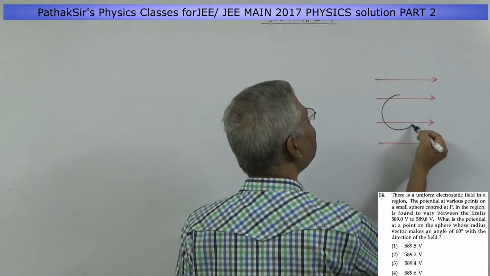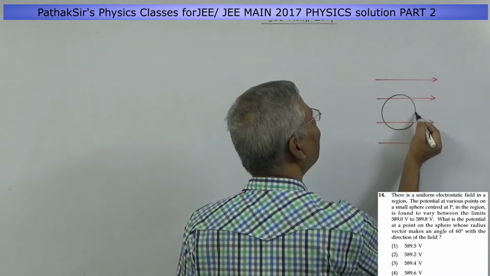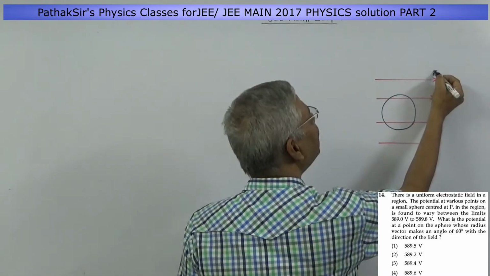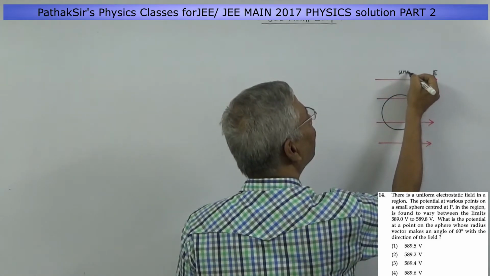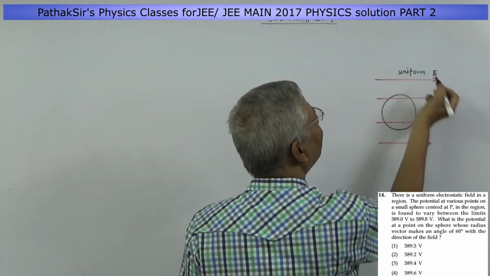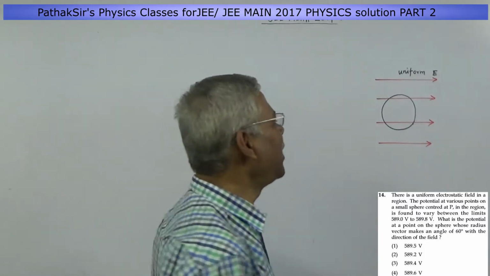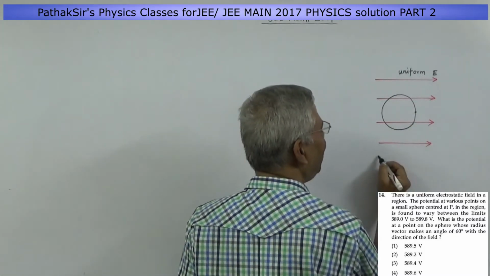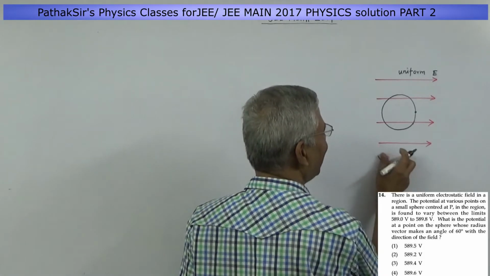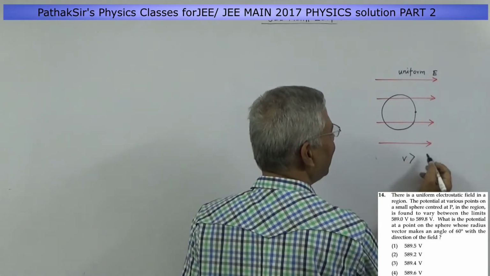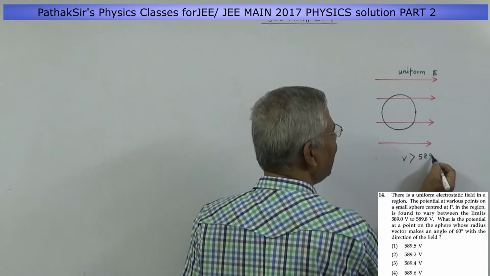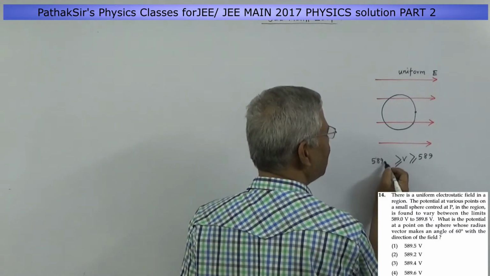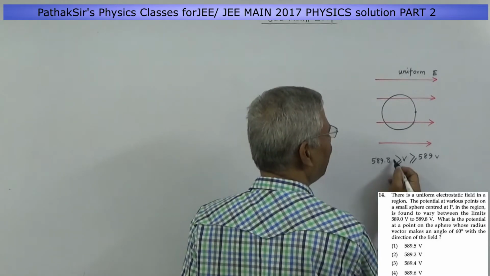A small sphere is kept in a uniform electric field. This is the electric field, and this field is uniform, not a variable one. The potential V is greater than 589 and less than 589.8 volt.